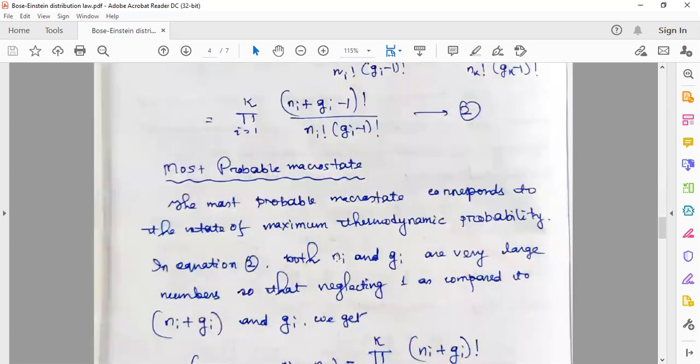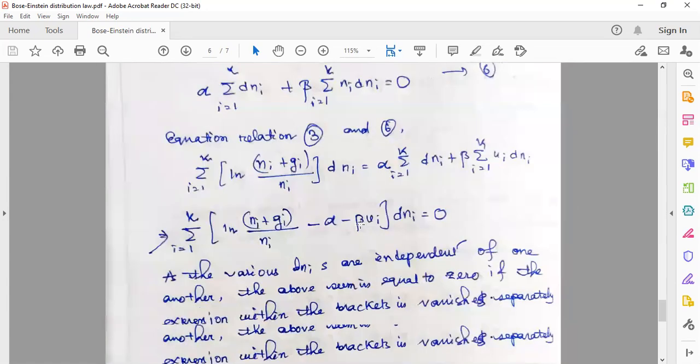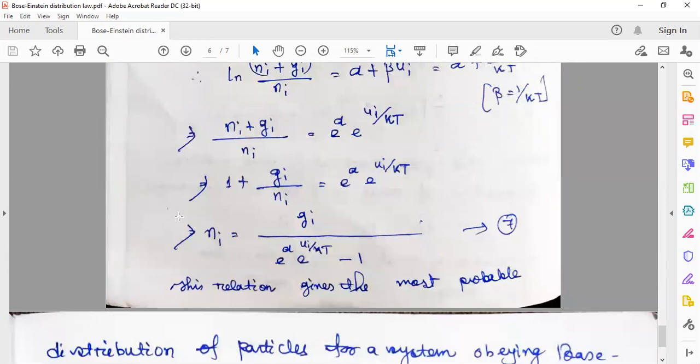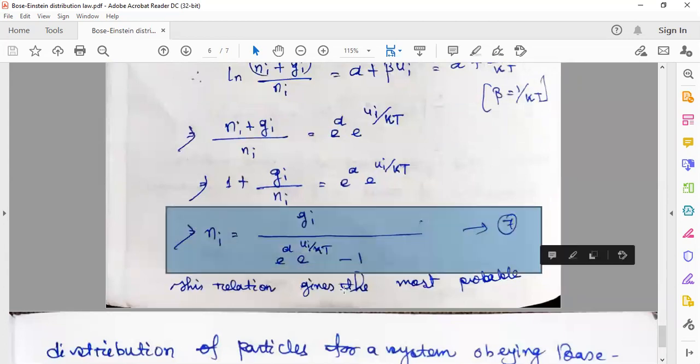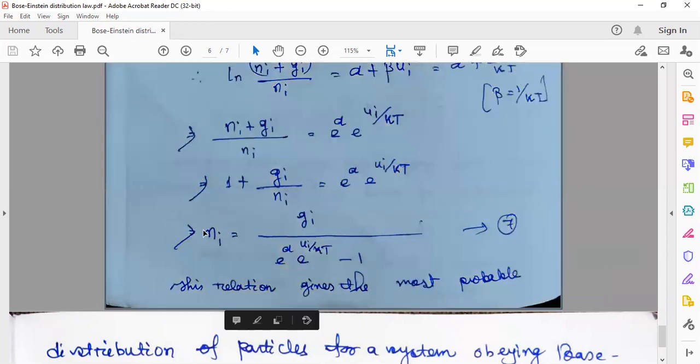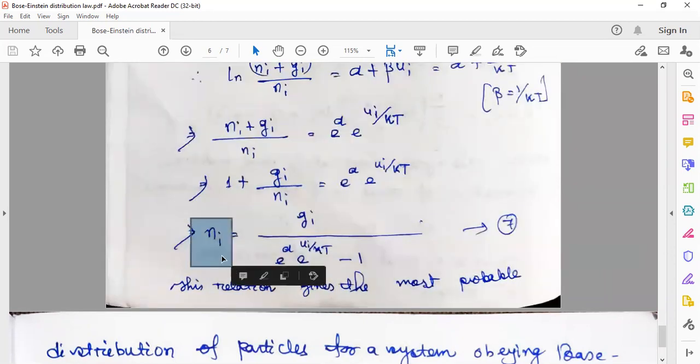And the whole of this derivation, what we want to get, is this particular equation, the derivation of the Bose-Einstein distribution law. How can ni, the number of particles, be expressed?